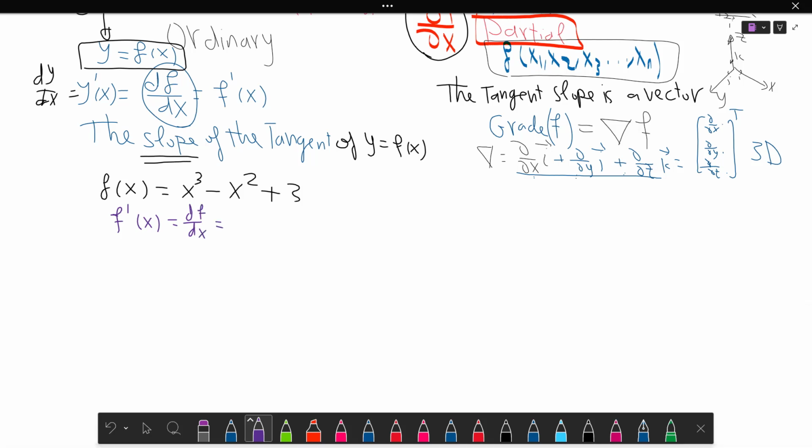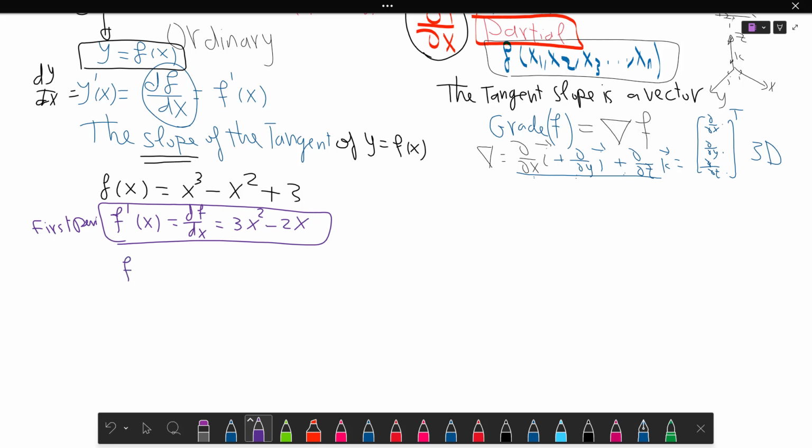What is the rule for x to the power n? You take the power down and you subtract 1 from the power, right? So 3x squared minus 2x, and any constant has a derivative 0, right? So this is the first derivative.